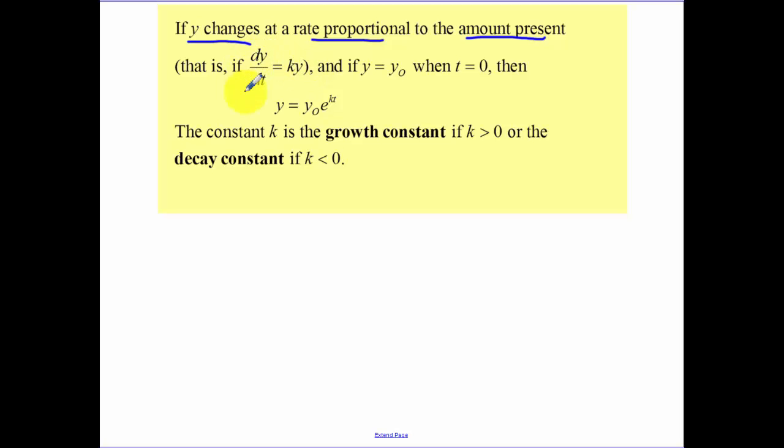By solving this differential equation, we get this equation right here. k is known as our growth constant if it's greater than 0, and decay if it's less than 0. That should look somewhat familiar from your previous math classes when you talked about exponential growth and decay. This is just another way of approaching that concept. This is essentially verifying that concept.